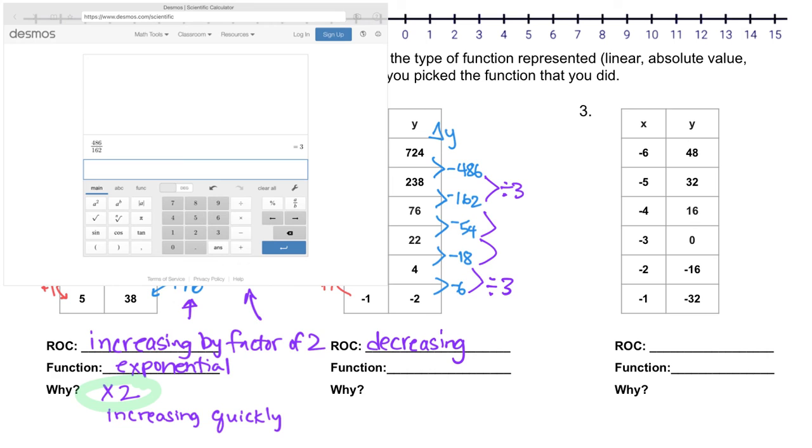If I divide it the other way, so if I take 162 and divide it by 486, I get 0.3 repeating. So 0.3 repeating is 1/3.